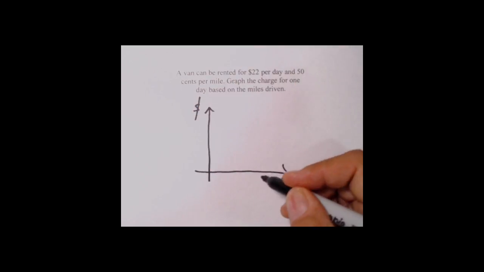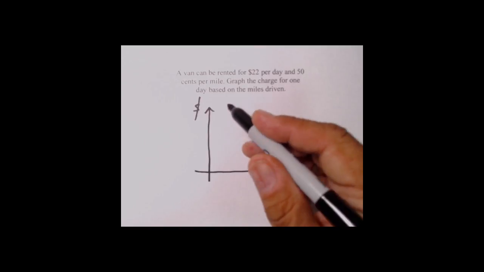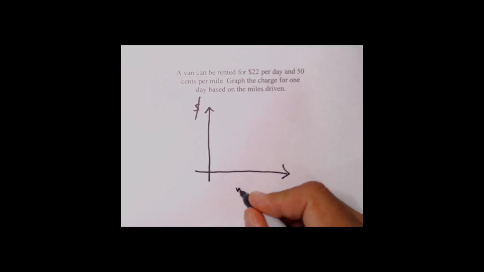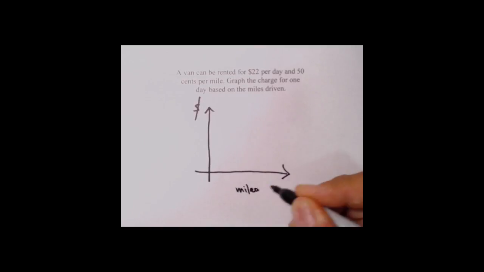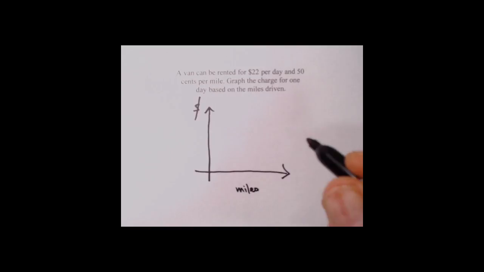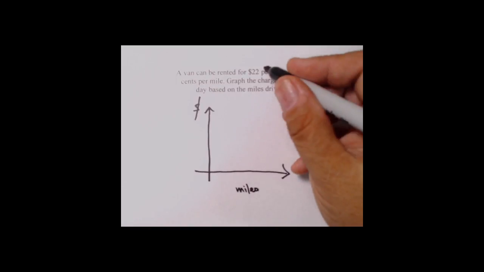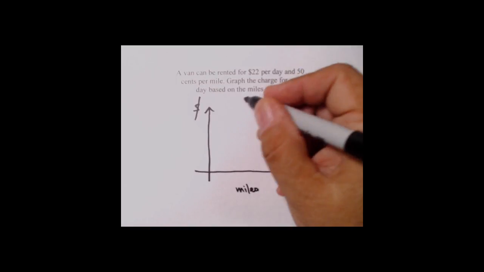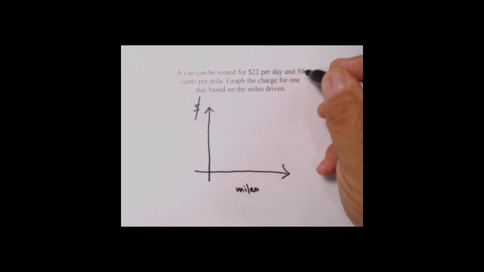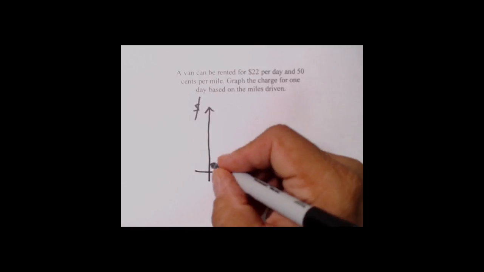So what we have now, instead of a time, is the number of miles that have been driven. Okay, now, here we go. We're starting at $22 per day. That's the flat rate, and then they add the mileage charge on top of that.